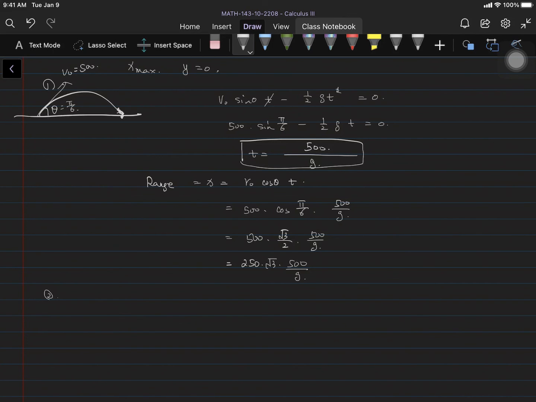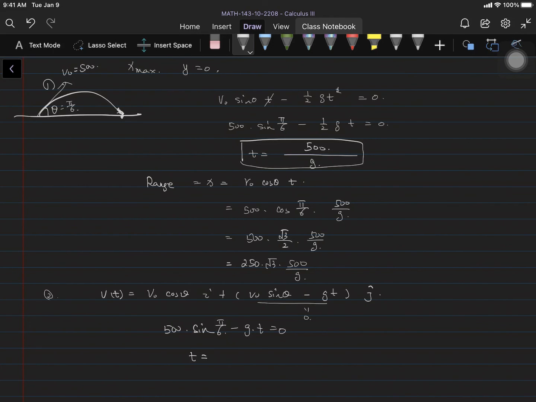Second question, the maximum height. For the maximum height, we need to look at v(t). v(t) equals v0 cosine theta i plus v0 sine theta minus g t j. We make the j component equal 0. That means 500 sine 30 degrees minus g t equals 0.